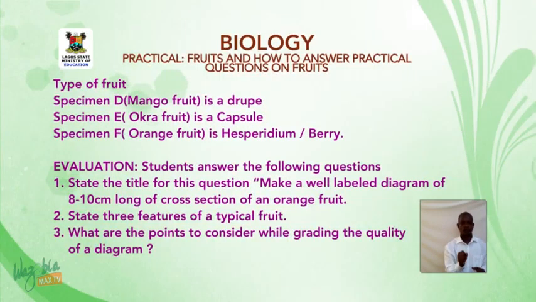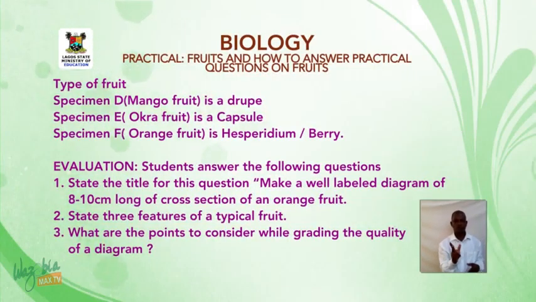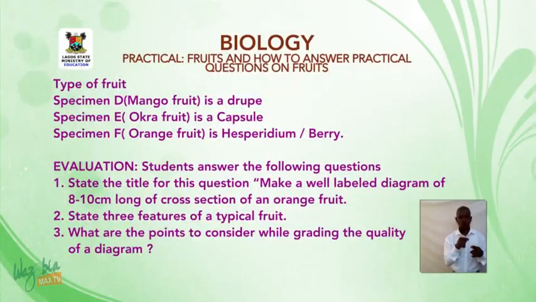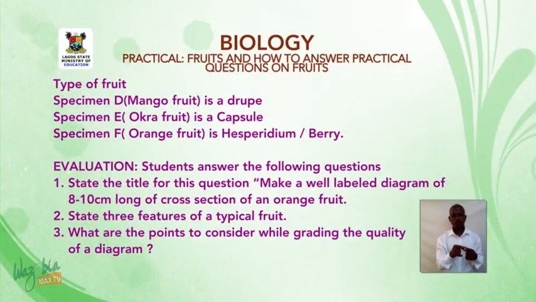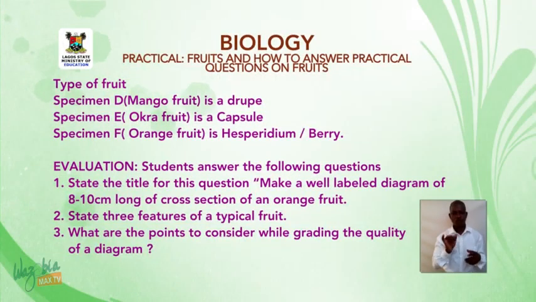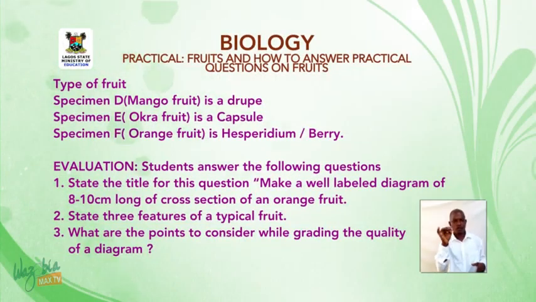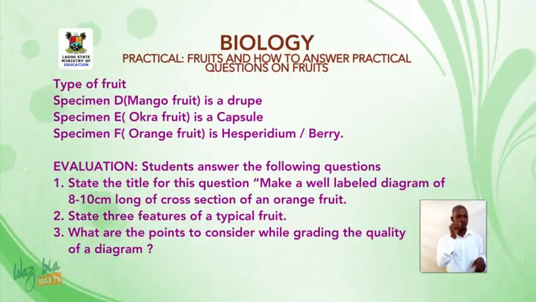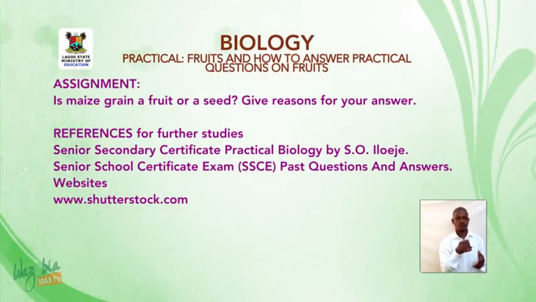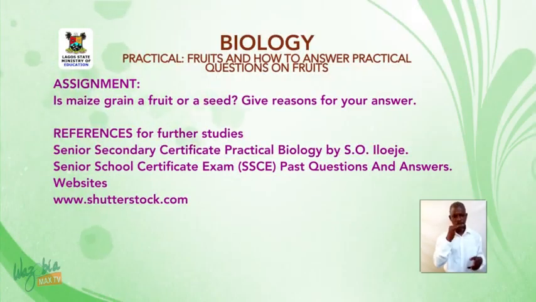State 3 features of a typical fruit. Question 3. What are the points to consider while grading the quality of a diagram? Assignment. Is maize grain a fruit or a seed? Give reason for your answer.